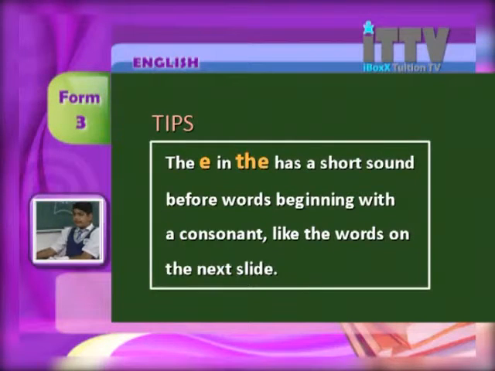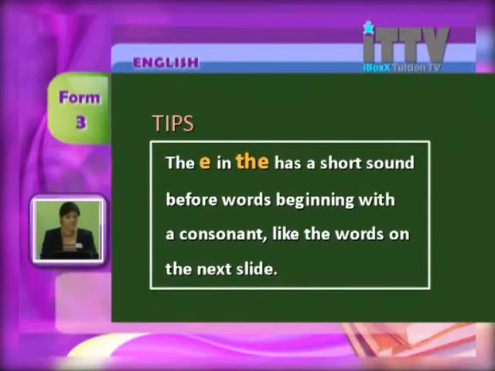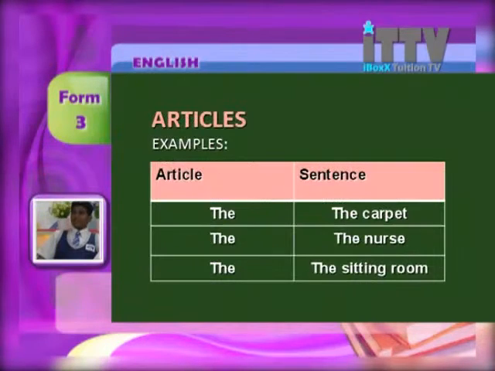Now, this is a tricky rule here. The E in the has a short sound before words beginning with a consonant, like the words on the next slide. The cupboard, the nurse, the sitting room. Yes? The. It's short. Sometimes the same word has a different sort of pronunciation, the or the.